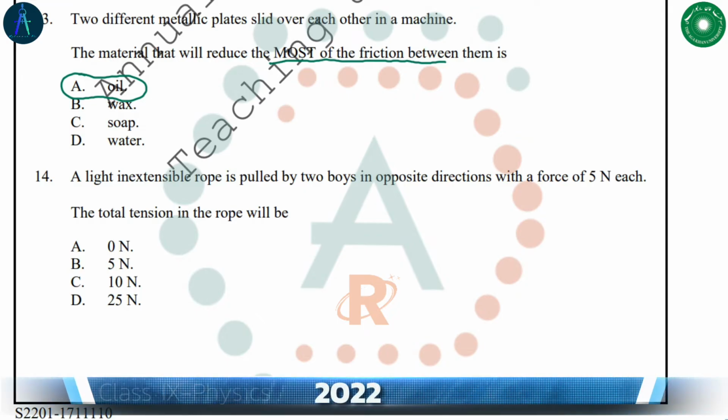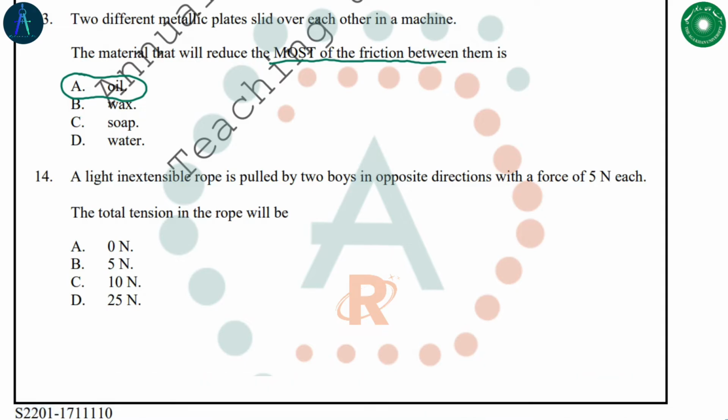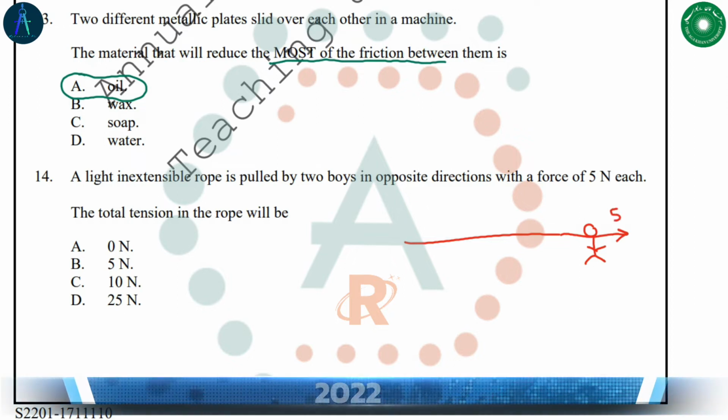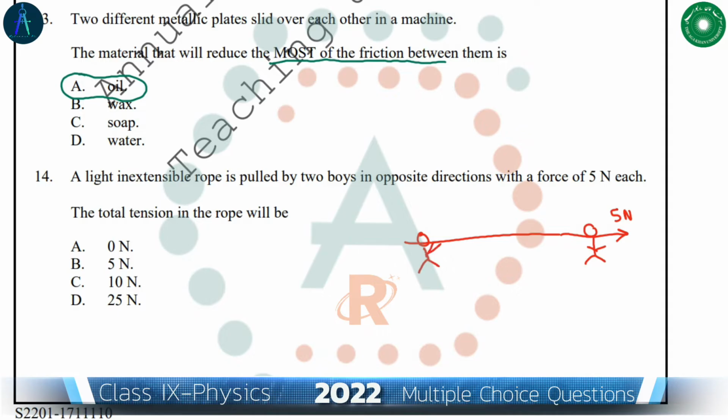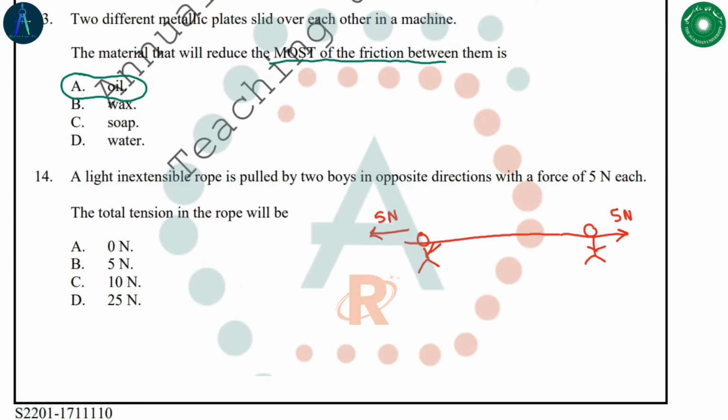Now let's see question number 14. A light inextensible rope is pulled by two boys in the opposite direction with a force of 5 Newton each. Then the total tension in the rope will be. So let's say this is the rope and a person is pulling the rope in this direction with a force of 5 Newton. And another person is pulling this rope in the backward direction with a force of 5 Newton.